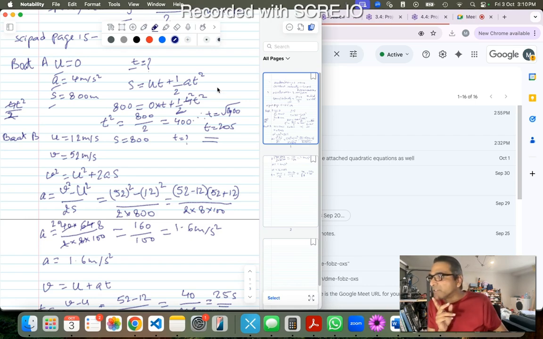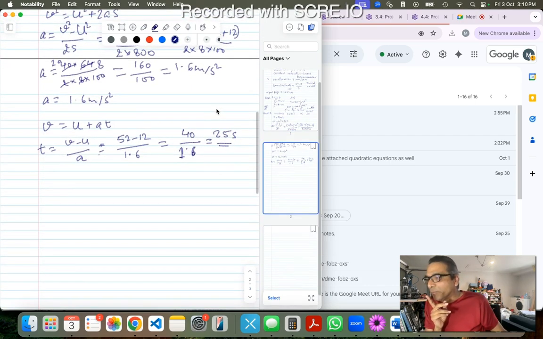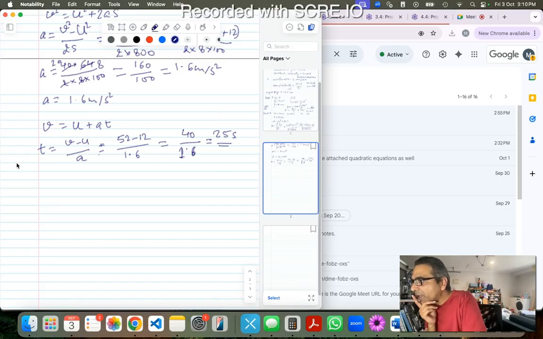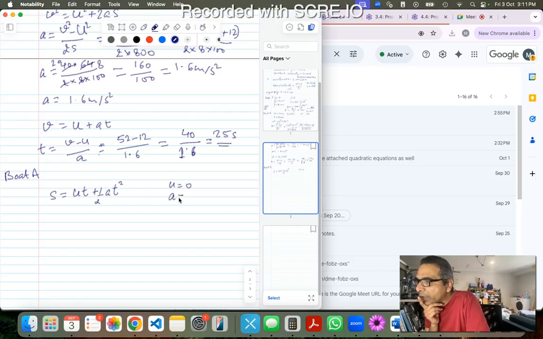Okay, there has been confusion. Let's clear that one. In our equation for boat A, as I said, s equals ut plus half at squared, right? u equals 0, a equals 4 meters per second squared, s equals 800. We are looking for t, right?